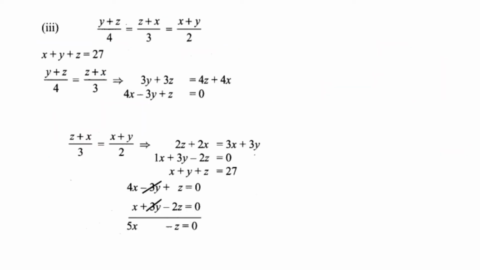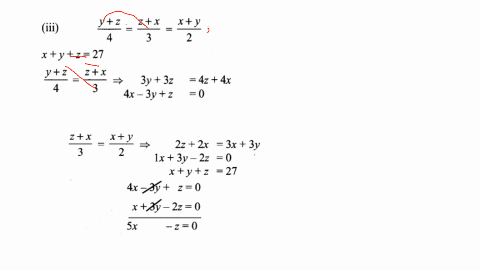Third sum: y plus z by 4 equal to z plus x by 3 equal to x plus y by 2, and x plus y plus z equal to 27. First we have to form the equations. So first take these two: y plus z by 4 equal to z plus x by 3. Cross multiply.